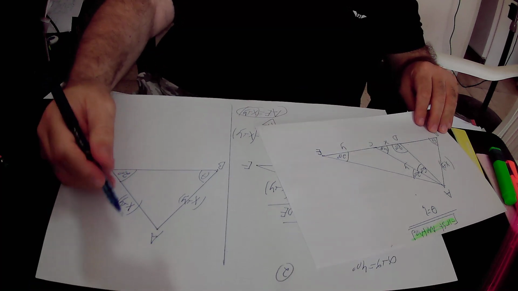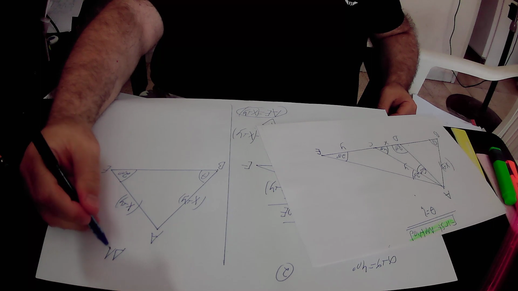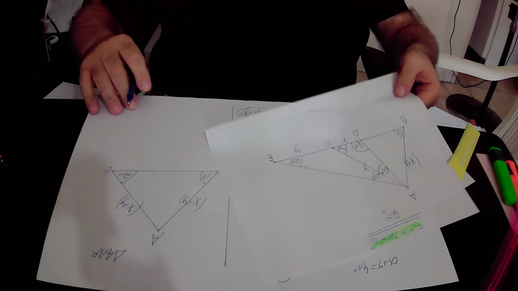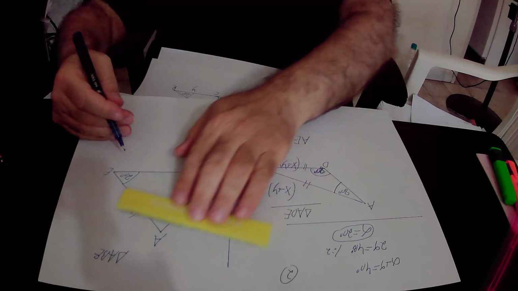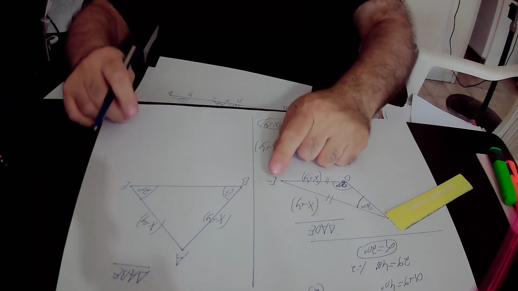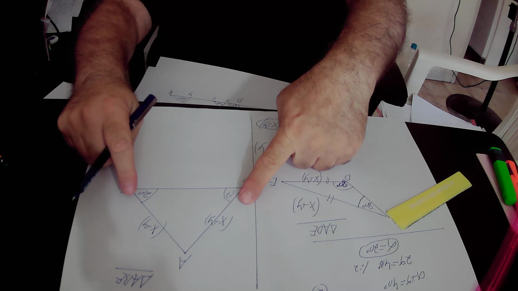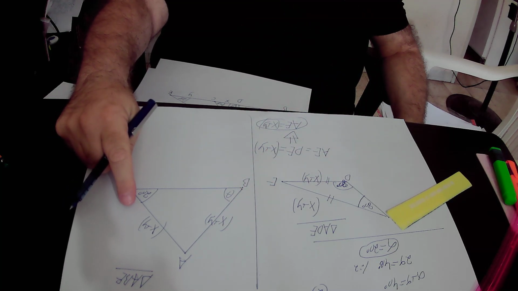Actually, it is very easy to see from the drawing that both side AB equals x plus y, and side AE also equals x plus y.